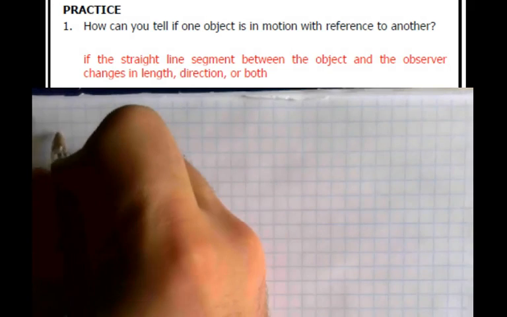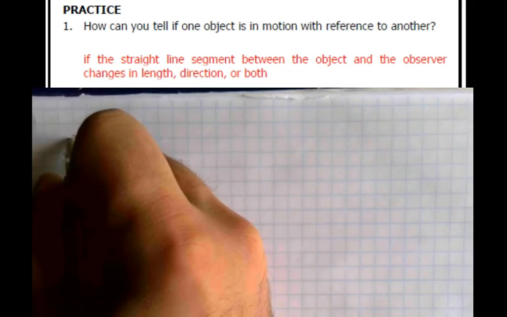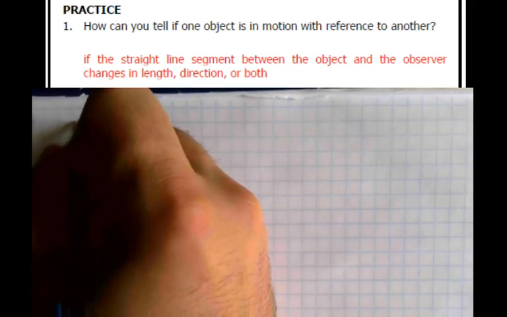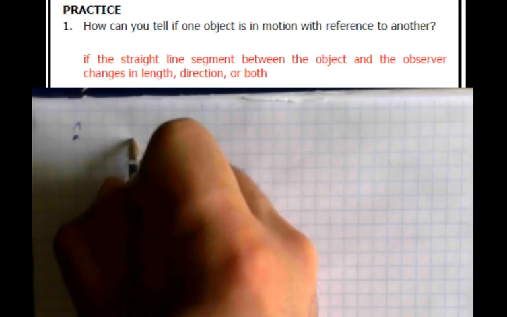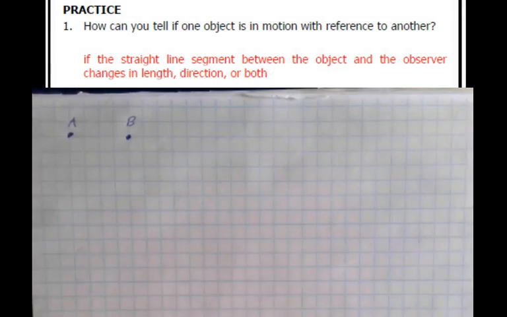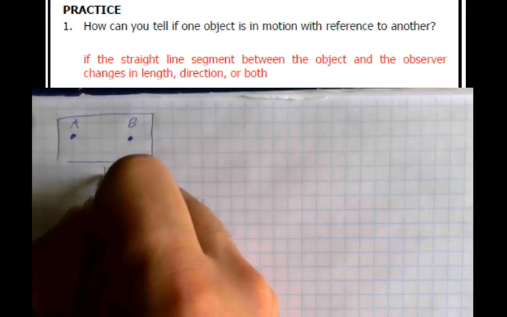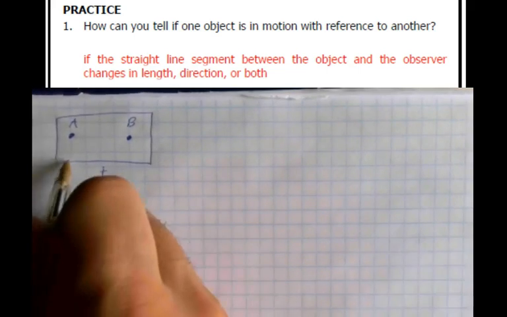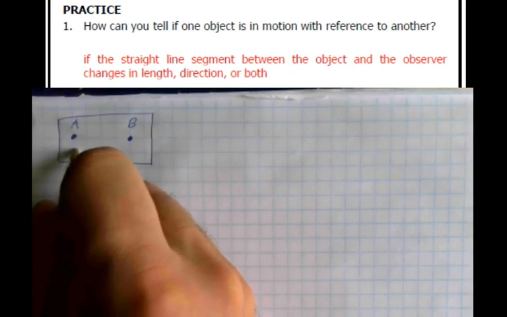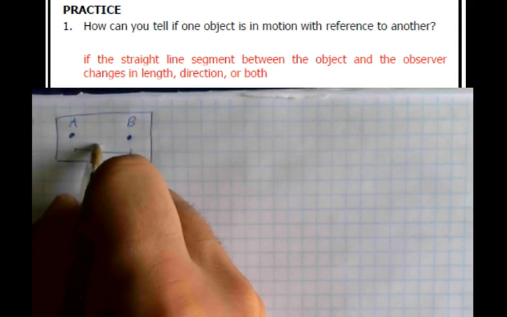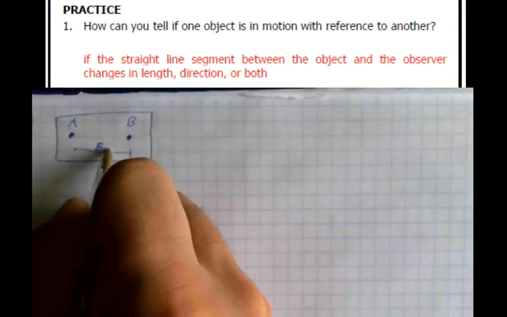Let's say we have an object here. This is object A, and this is object B. And here, this is in time frame 1. Let's say the distance between them is 5.0 meters.